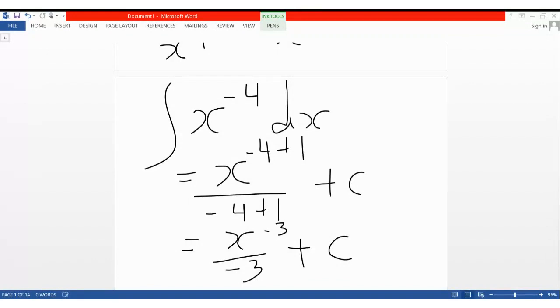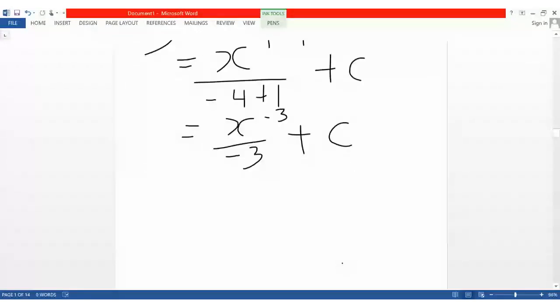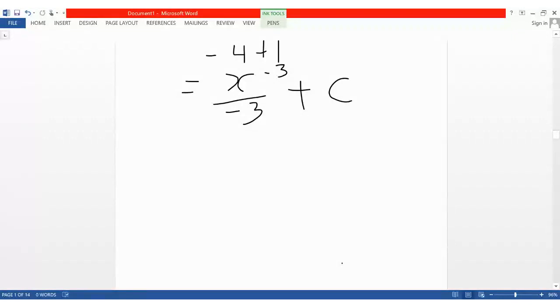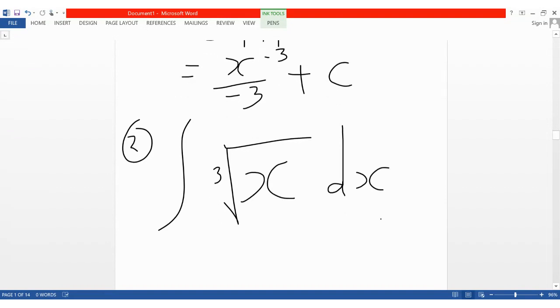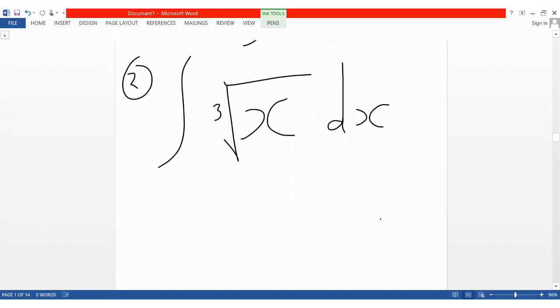Now the other one is for the nth roots. Number 2, when you have the integration of the third root of x dx. Using laws of indices, when you have an nth root, it will come on the denominator.